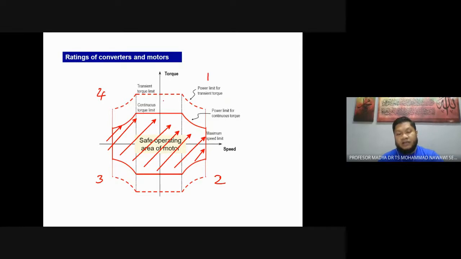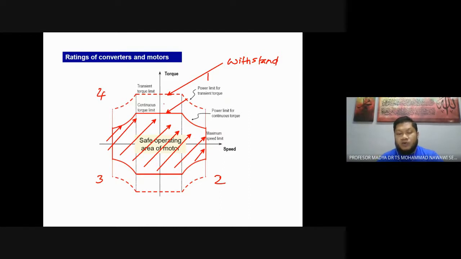You cannot work at the limit. You have to give some margin so the motor works below what it can handle. This is the maximum design that the motor can withstand, and for safe operations, we limit that.